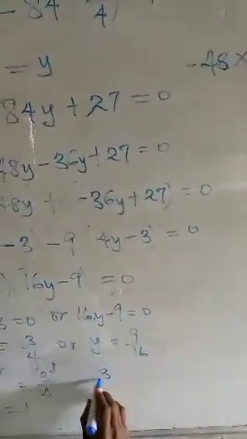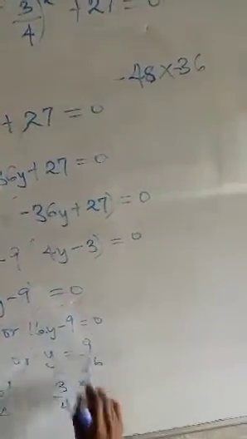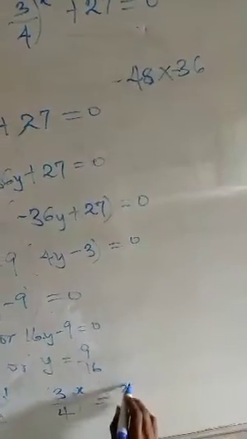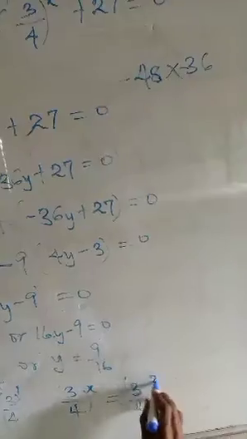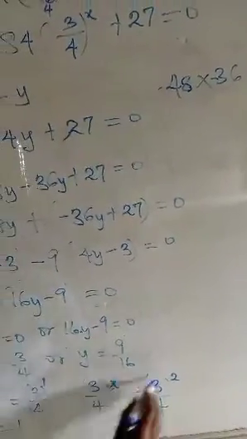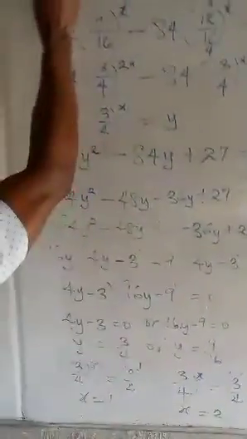Then 3 all over 4 raised to power x equals to 3 over 4 raised to power 2 here. So x is equal to 2. So x is equal to 1 and x is equal to 2 satisfy this equation.